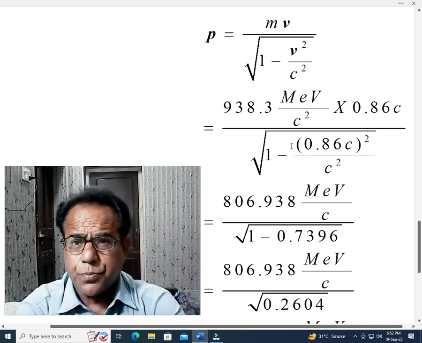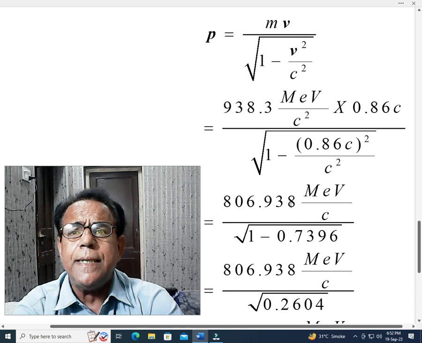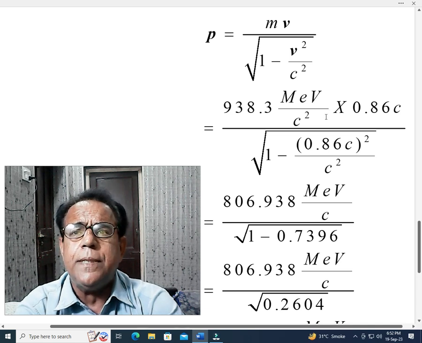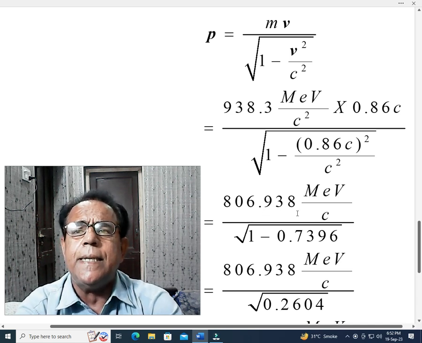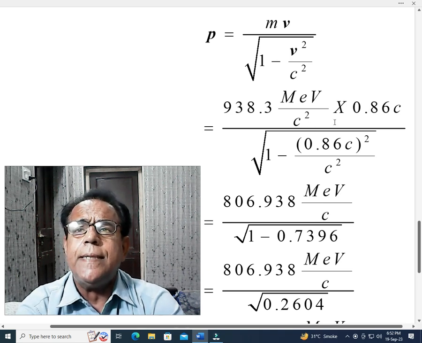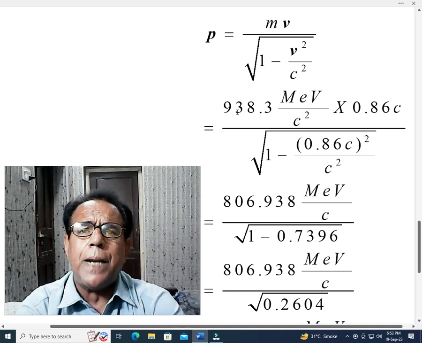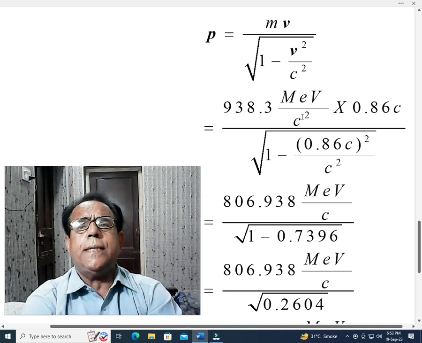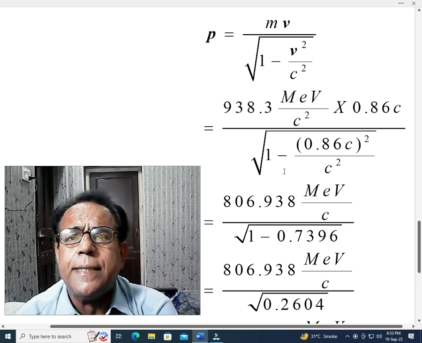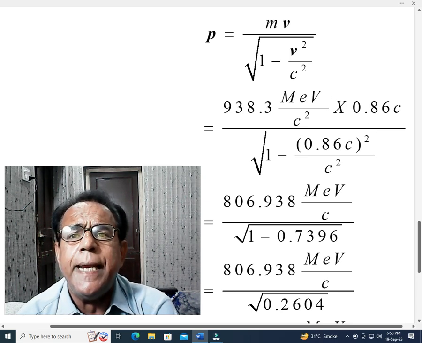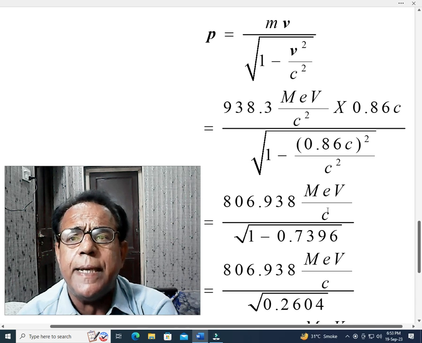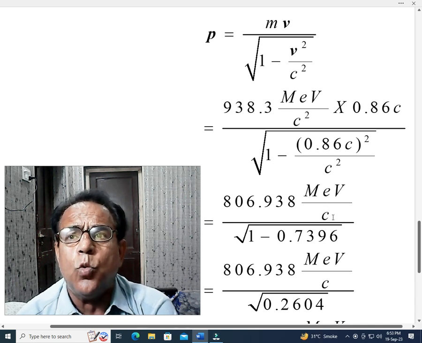So in the next step, this expression takes the form 806.938 million electron volt over c. Because dear students, 1 c will be cancelled out with 1 c, and after multiplying 938.3 with 0.86 we will get 806.938 million electron volt over c.